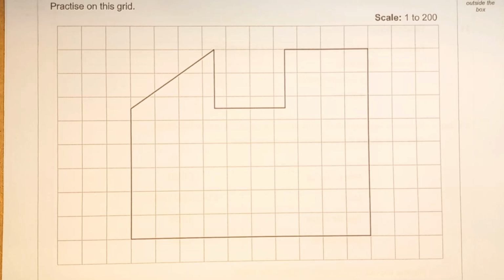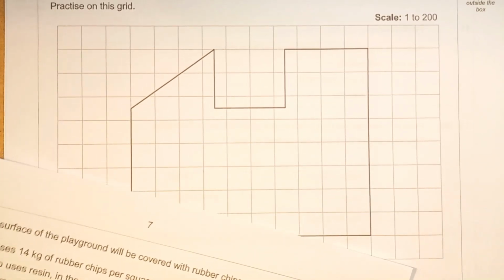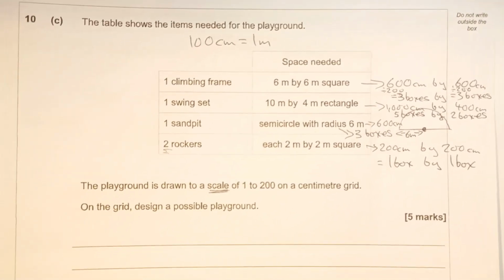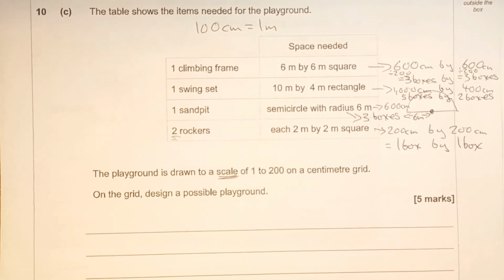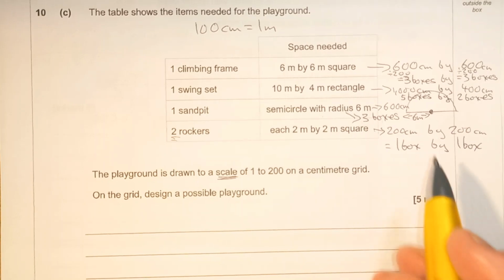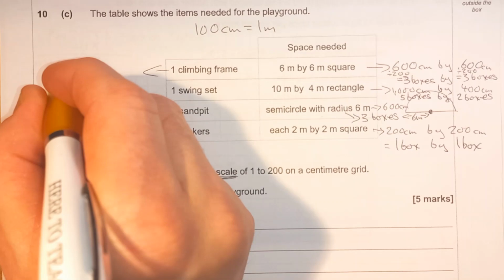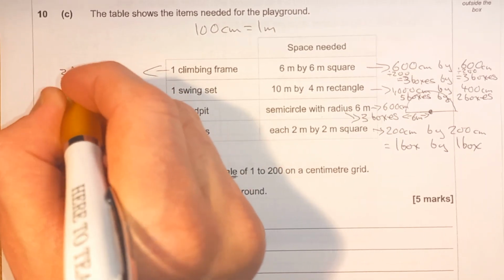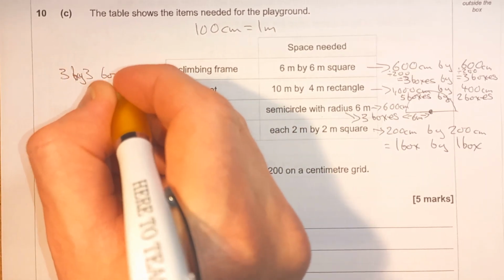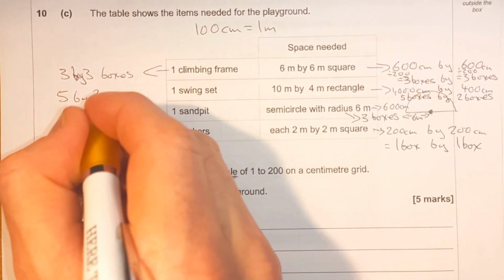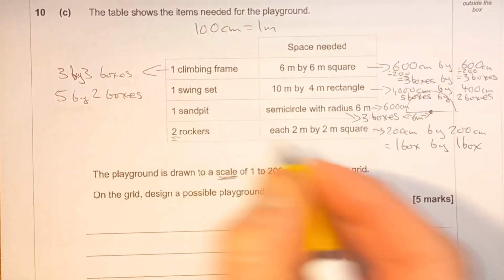Okay, so what do we start with first? So let's go back to what we've worked out. And here we have what we've had. So we've got, in fact, I'm going to write it over here because it'll be clearer. So we've got a 3 by 3 boxes. We've got 5 by 2 boxes.